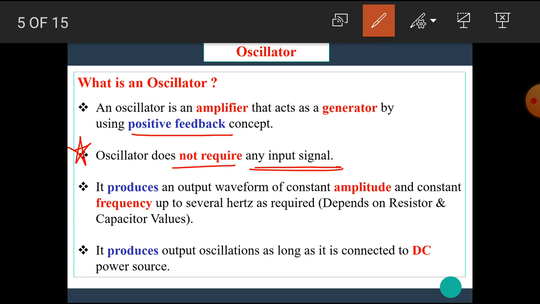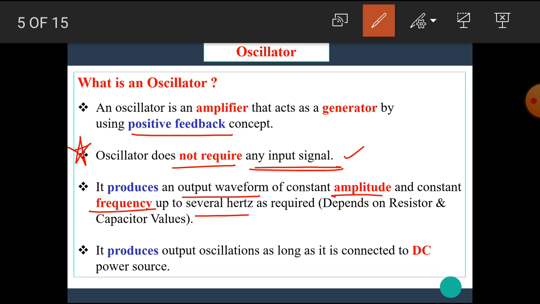This is the most important statement here. It produces an output waveform of constant amplitude and constant frequency, up to several hertz as required. The output depends on the values of the components.